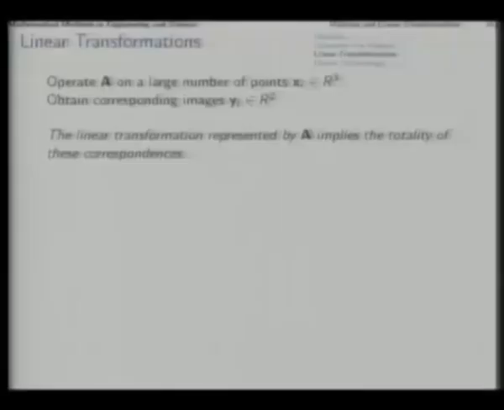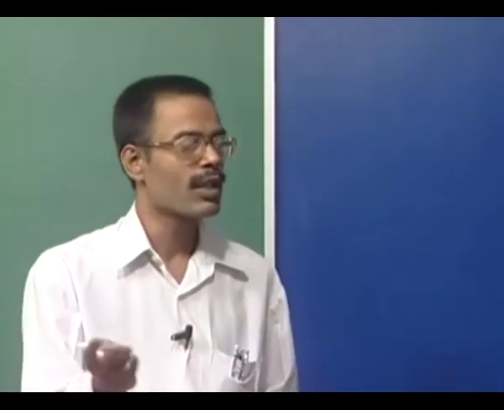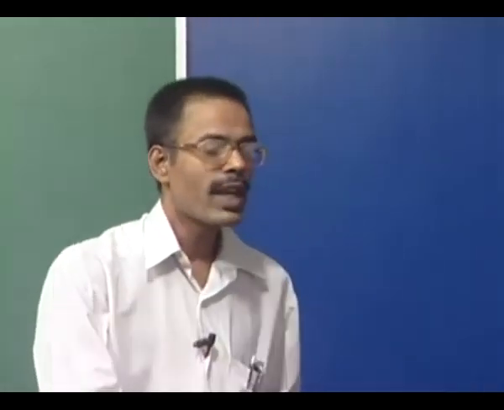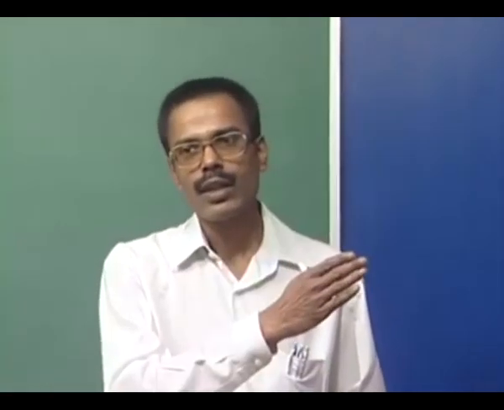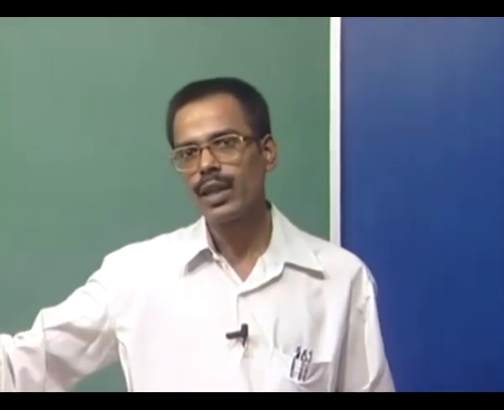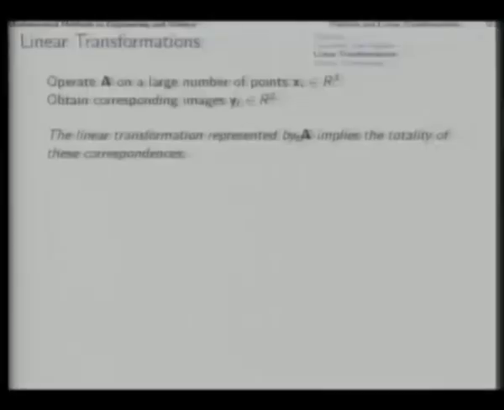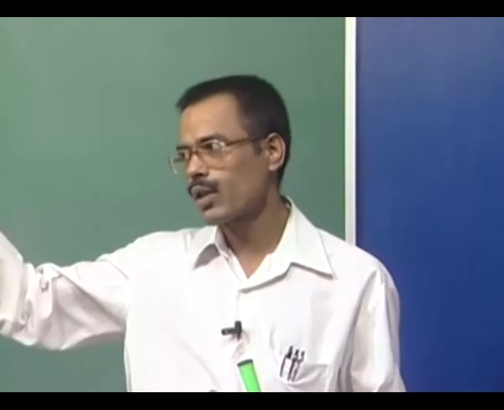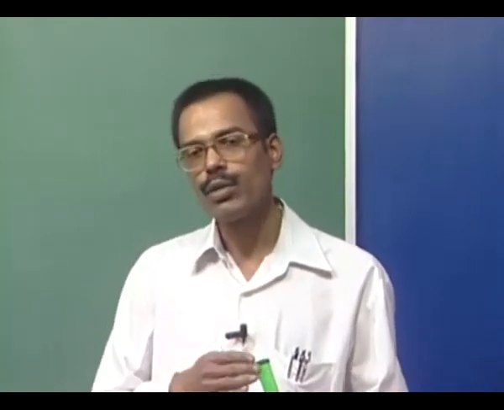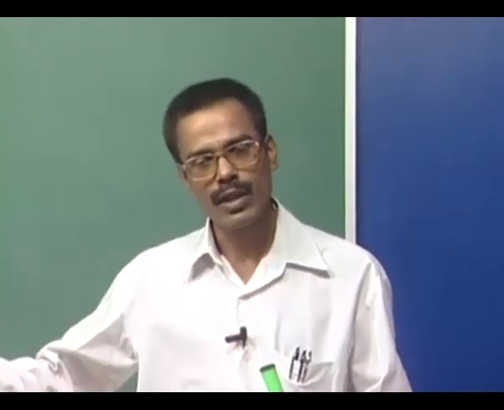So, if we denote with xi and yi the ith vector in the domain and the corresponding image in the codomain, then we find that for every vector in R3 we can associate one vector in R2, and the linear transformation that the matrix A represents actually implies the entirety of all these correspondences. x1 corresponds to y1, x2 corresponds to y2, x3 corresponds to y3, and so on.